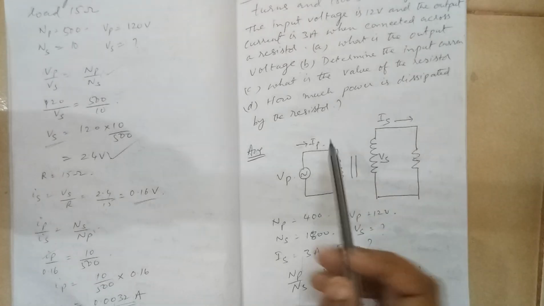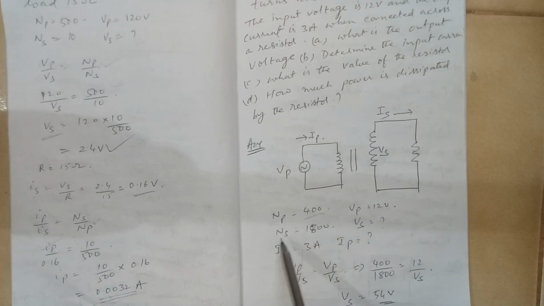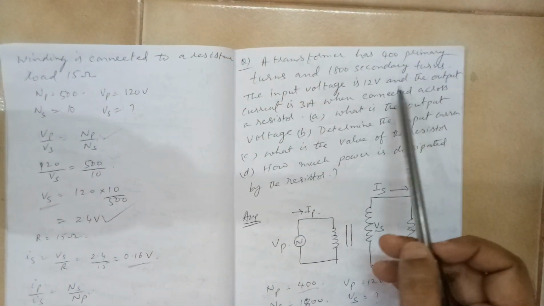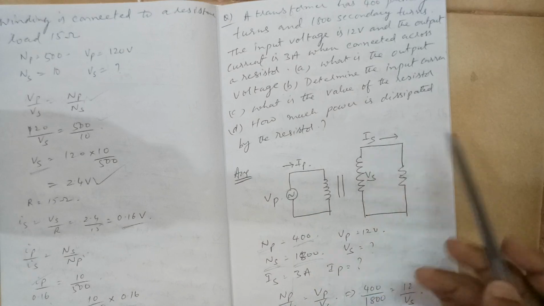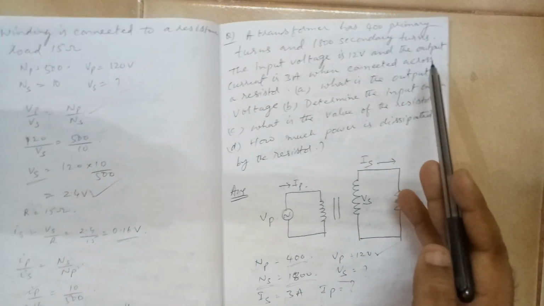Here the data given is primary turns 400, secondary turns 1800. You have to read the question and locate. Then primary voltage is given as 12 volts and secondary voltage you have to find out.